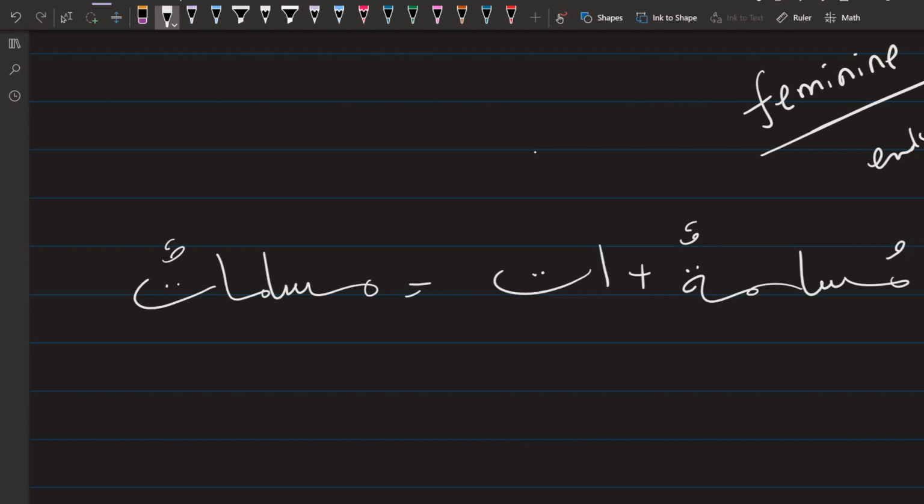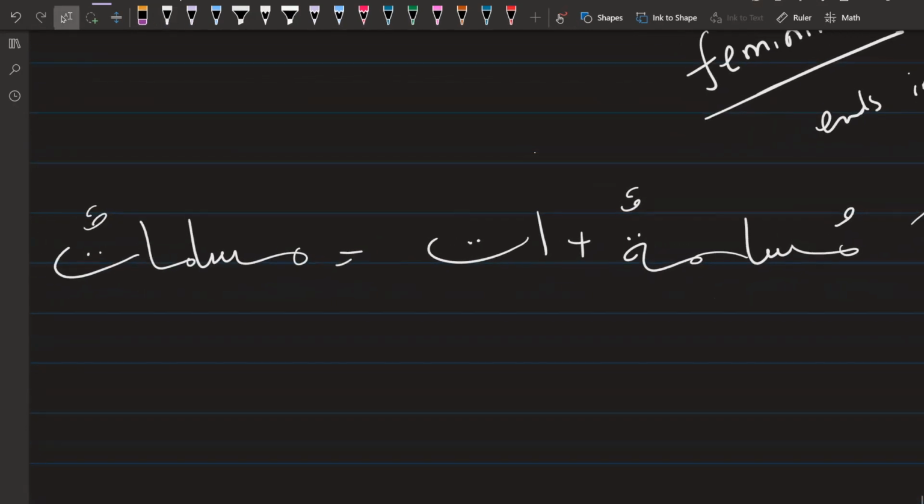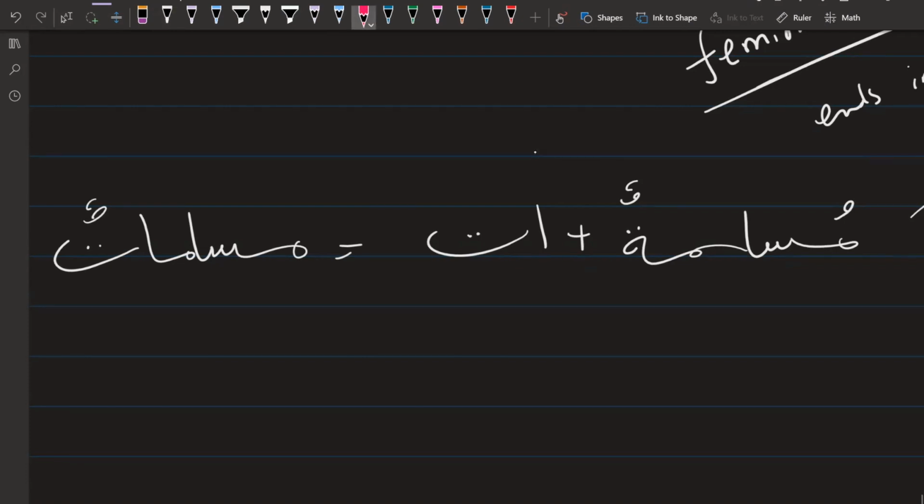But what you have to do is remove the ta marbuta. This is the condition. You cannot have ta marbuta and then add alif and ta. This is the main thing that you need to know. Anytime you add alif ta for the feminine plural, you need to remove ta marbuta. You cannot say muslimatatun.